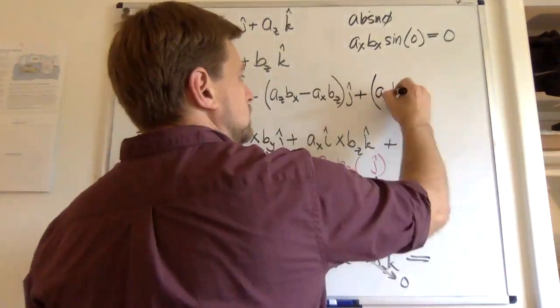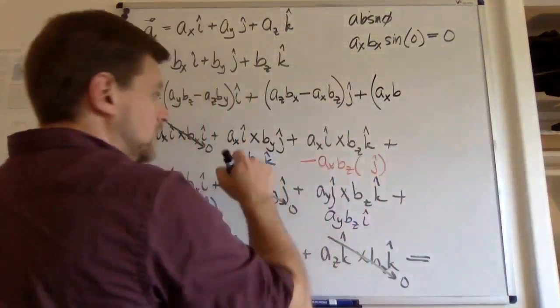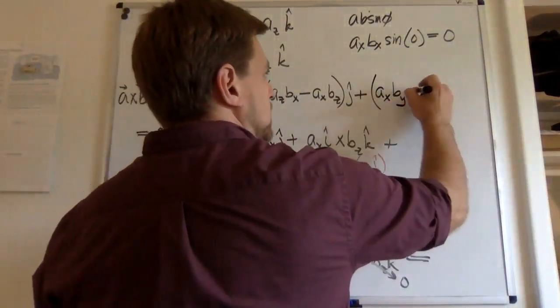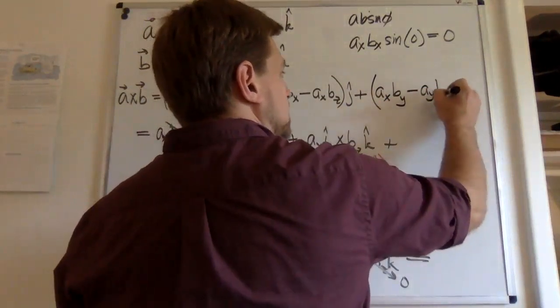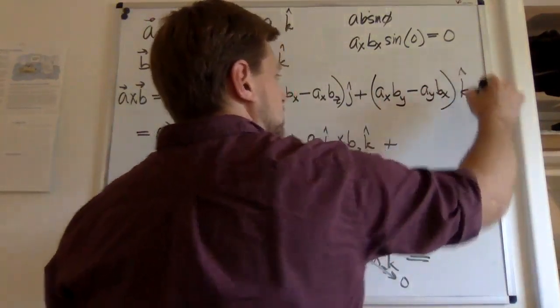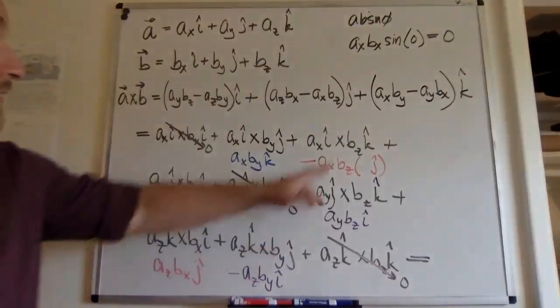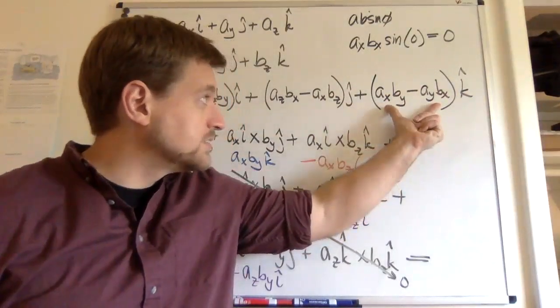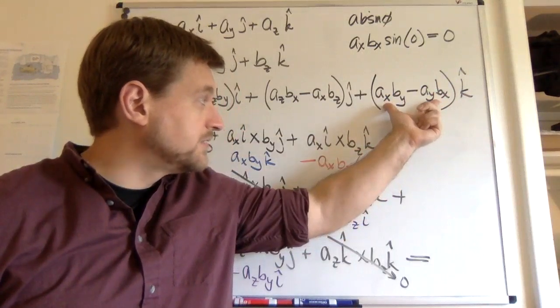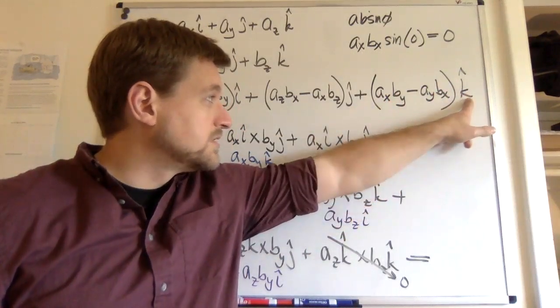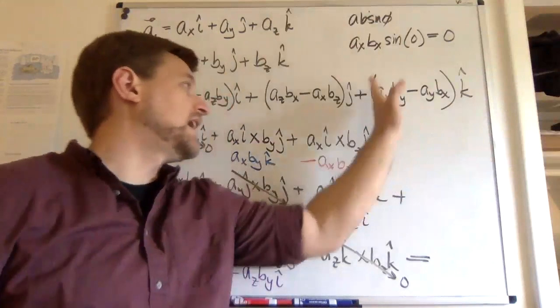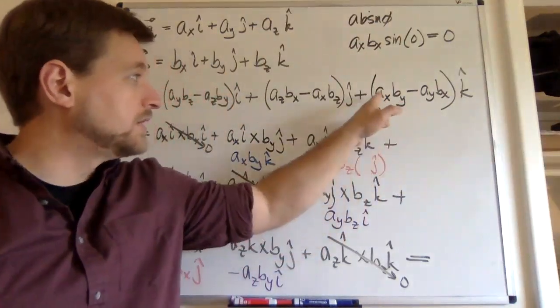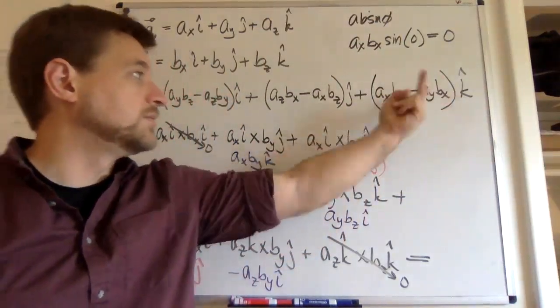AX BY minus AY BX. And again, the Z component uses no Z components of the factors. We're starting with K, we loop around to I, that's next. So AX, then BY, and then we switch.